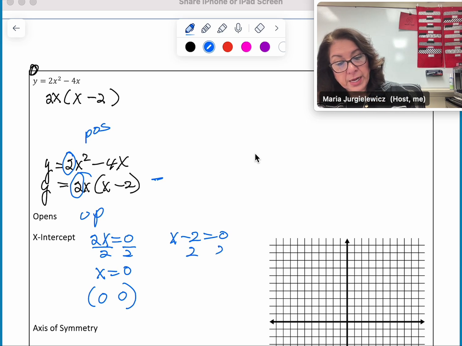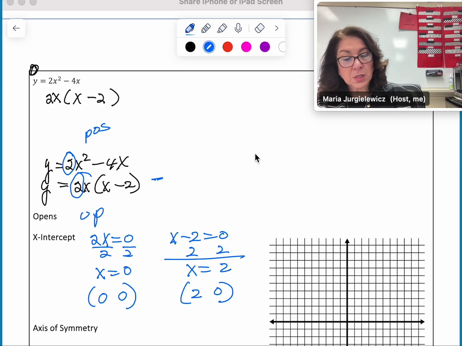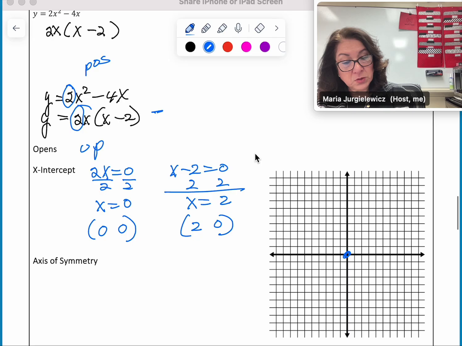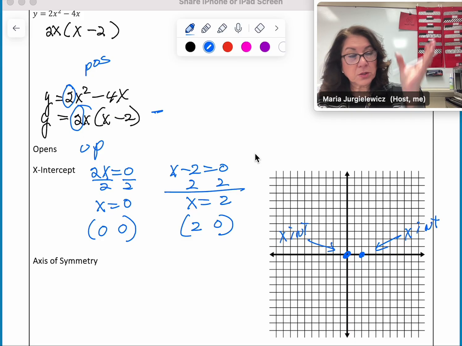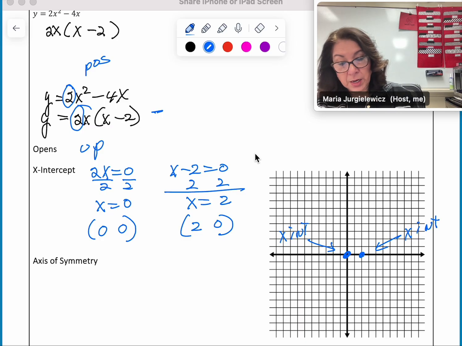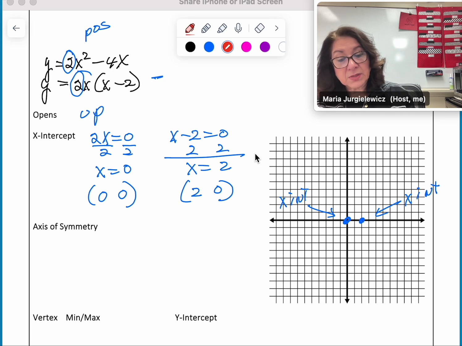Okay, here, x minus 2 is equal to 0, we're going to add 2. X is equal to 2. That point is 2, 0. So I'm at 0, 0 for an x-intercept and at 2, 0. Those are my x-intercepts. And I know that it's going to open up. All right, now I need the axis of symmetry.